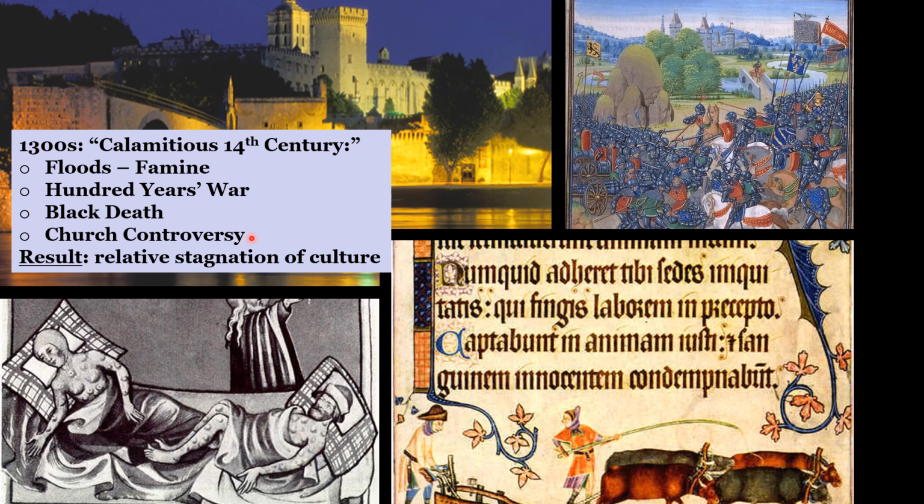So there was tremendous uncertainty and unrest in the church. Of course, it was eventually resolved, but so much going on in terms of floods, famine, war, illness, church controversy, that again, the result for culture was relative stagnation. Most people had other things to worry about, and so art really was not as much of a priority.